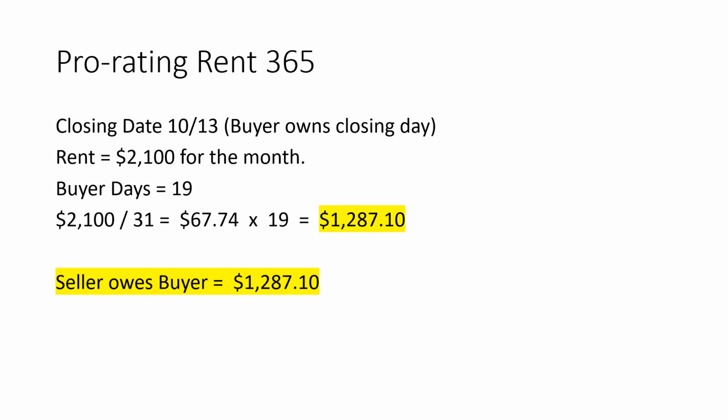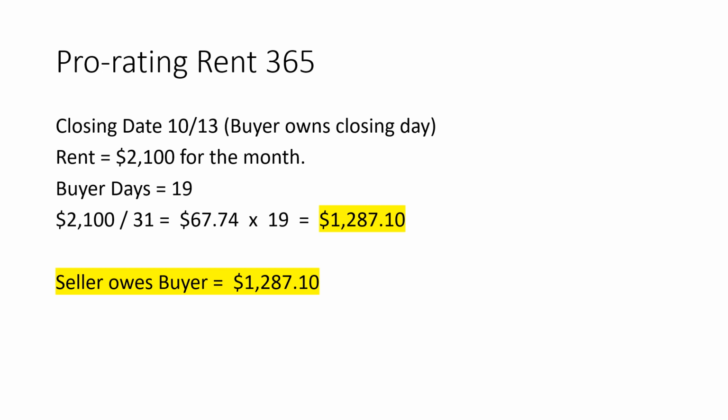Now it's time to prorate some rent. We're going to use a 365-day method for this. Again, I'm keeping the closing day the same, 10/13. Buyer owns the closing day. Rent is $2,100. The seller owes the buyer for 19 days of the month, because the buyer collects that rent at the first of the month. So he needs to pay him the rent that is owed for the days the buyer owns the rental property.